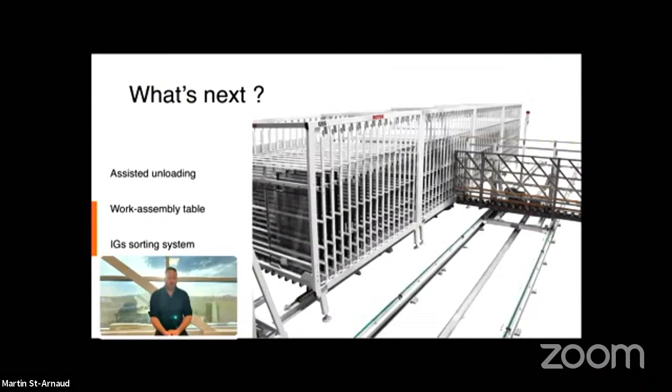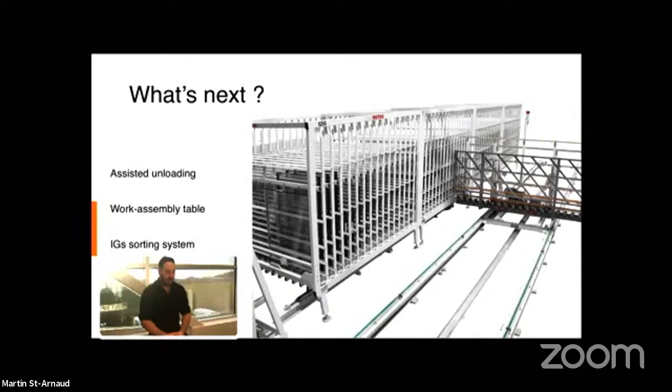IG sorting system. I have seen a lot of those systems in Europe where basically the workers are assembling the sash, and as they scan the part that they have in front of them, the system is bringing to them the next IG unit that they need to assemble in their window. So no confusion at looking into the racks at where the next IG is.